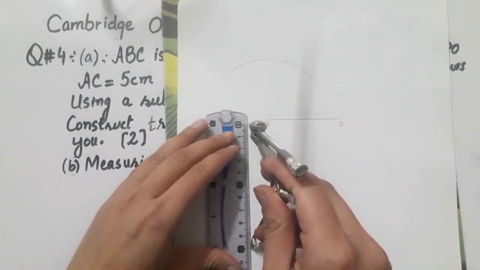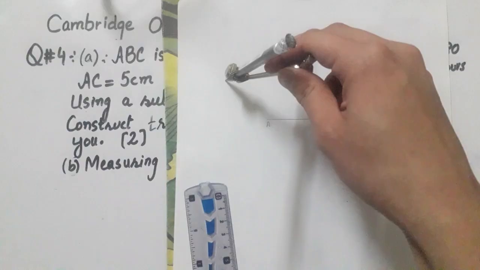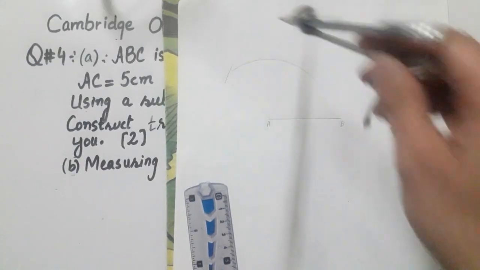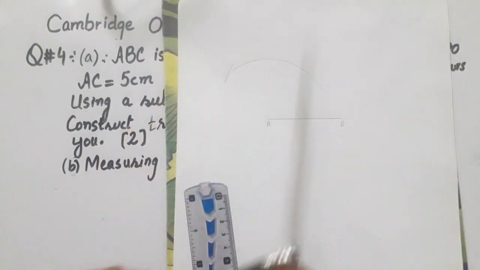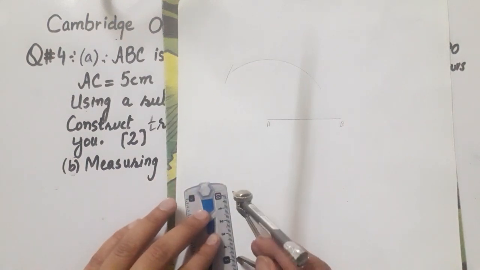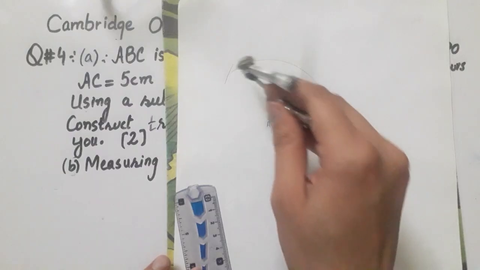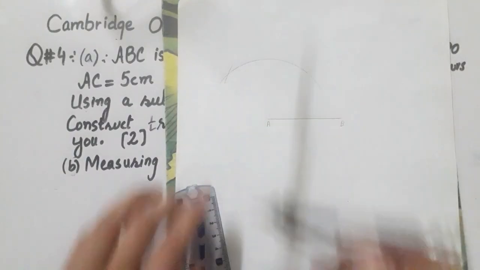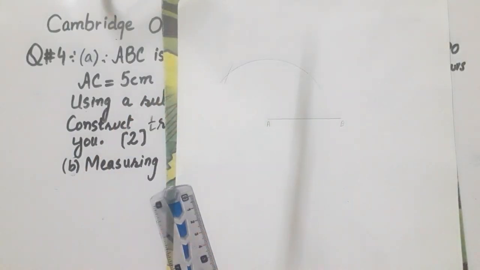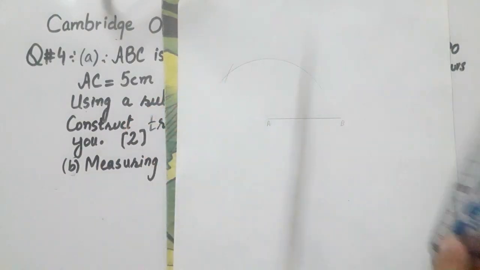So this is 10 centimeters. So this cuts the arc from A that was of 5 centimeters at this point. So we will join this point, A and C.